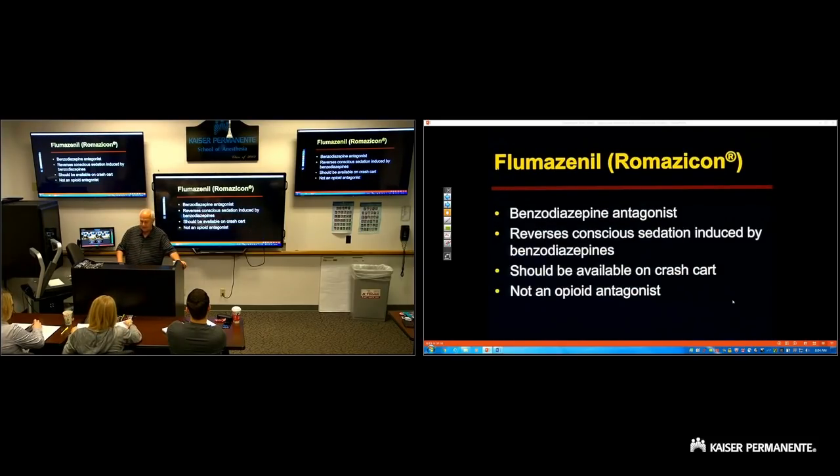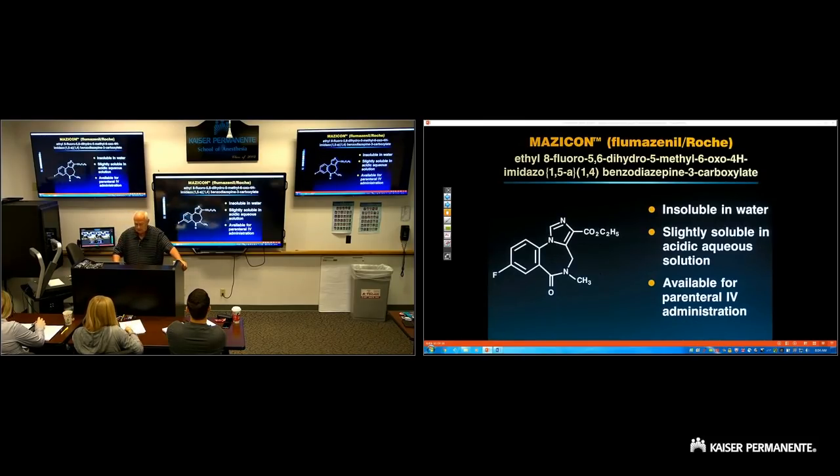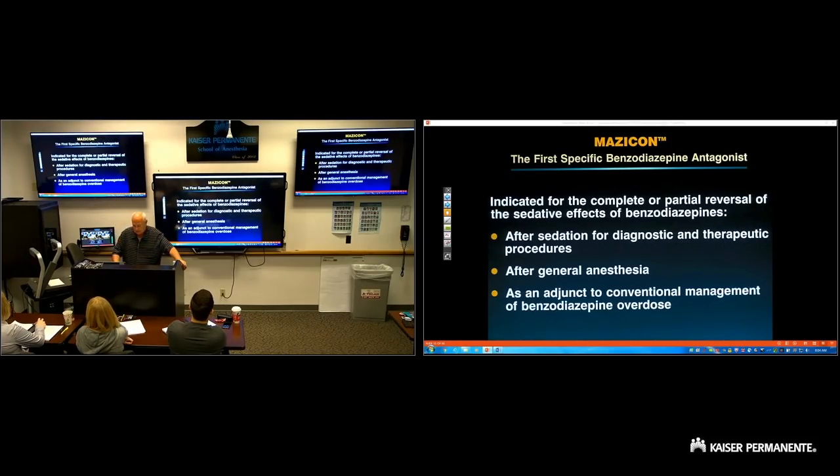As I mentioned on here, it's a benzodiazepine antagonist, and reverses any benzodiazepine, but not narcotics. It's an IV solution, no big deal. Indicated for the complete or partial reversal of the sedative effects of benzodiazepines.